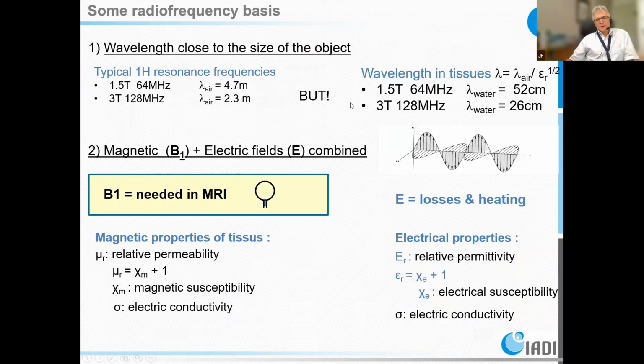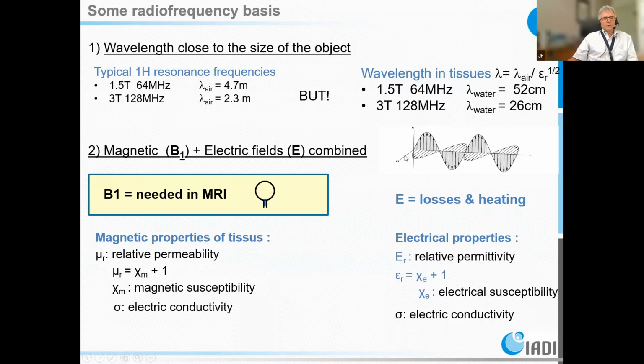What you have to understand is what we call the wavelengths. Today, with 1.5 Tesla, the wavelength is 4 meters something. At 3T it's half of this, 2.3 meters. This is in air. But when you go inside the tissue, in the patient, you have to divide this by 20 or something like this.